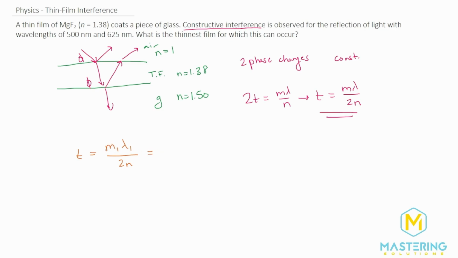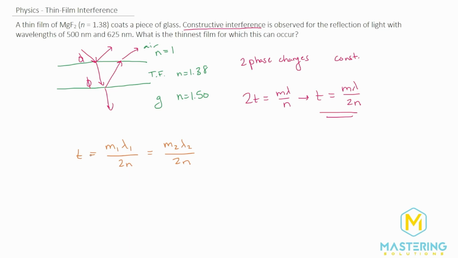We don't know what this m is. It could be 2, 3, 4, 5, whatever. And then we're going to have the same thing, m2 lambda 2 over 2n. Since they say there's constructive interference with these, the n isn't changing and the thickness isn't changing for any of them. So that's why we can set them equal to each other.